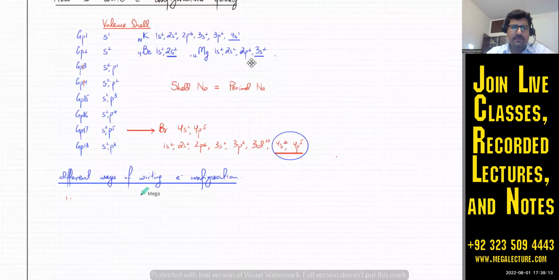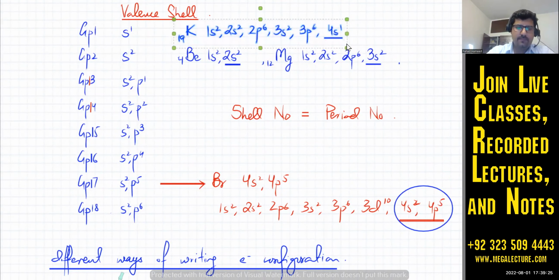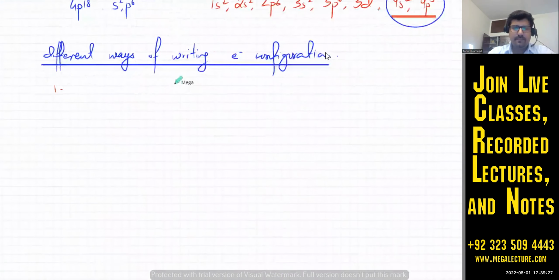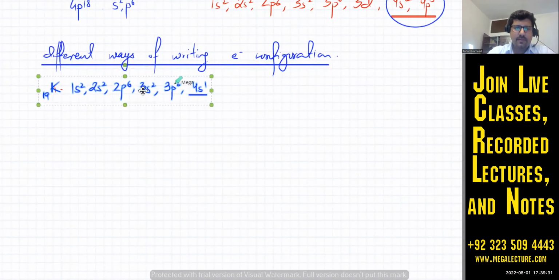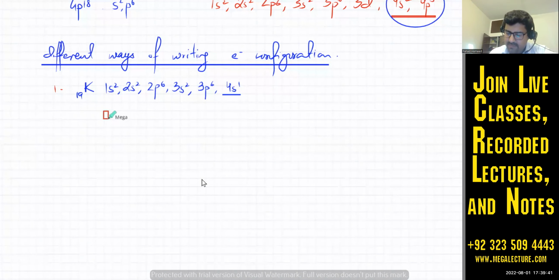कोई छोटा atom choose कर लेते हैं. Let's talk about krypton. I said let's do this one. So one of them is the box notation, right? As a box notation, we've already done that.